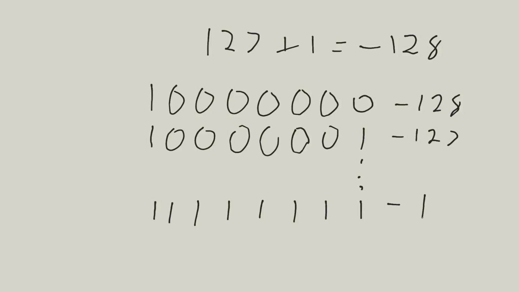So if this were an unsigned byte, it would be 255. So if we add 1 more and we get all zeros, then we have 0.